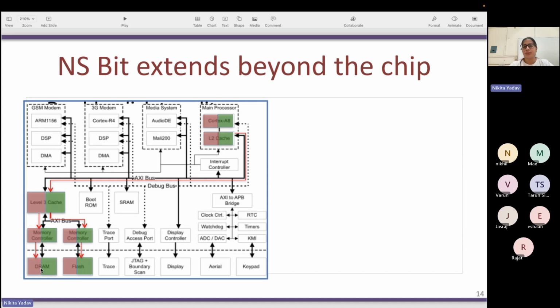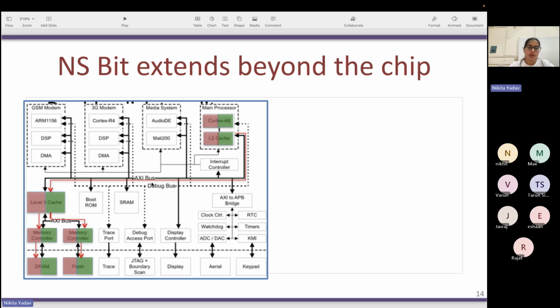How much memory to give to which world, I think that's configured. Okay, we're not going to worry about that. So your memory is divided between the two worlds, so that is why this information is being propagated here. Because if your processor is running in the normal world, then the processor should be able to access only the non-secure memory or the memory belonging to the normal world.